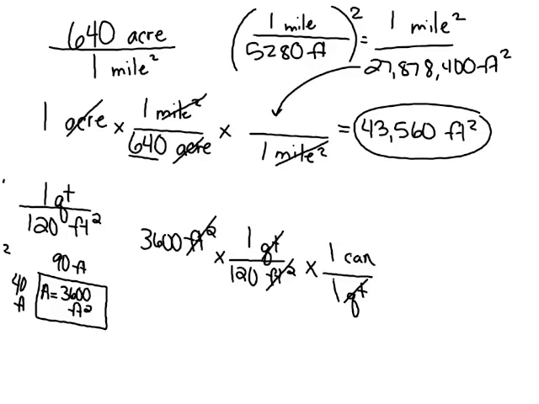So I went from square feet I need to cover to number of cans I need. So 3,600 divided by 120. How many cans do I need? 30 cans of paint.